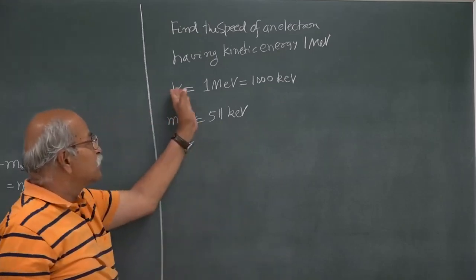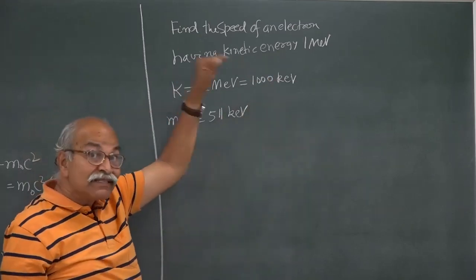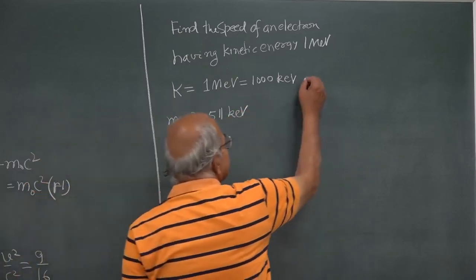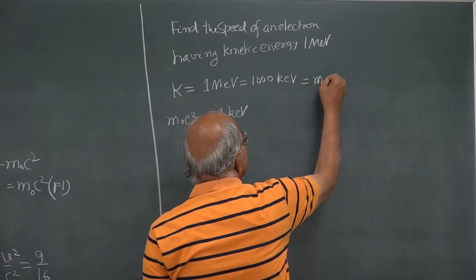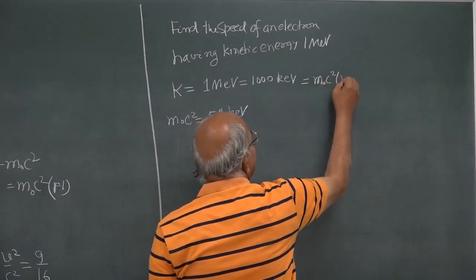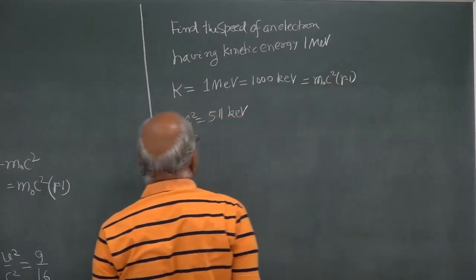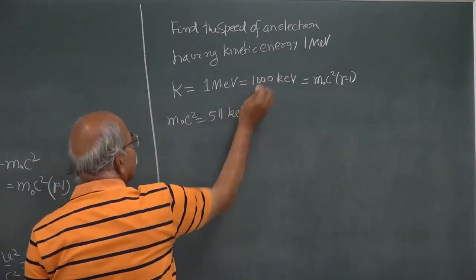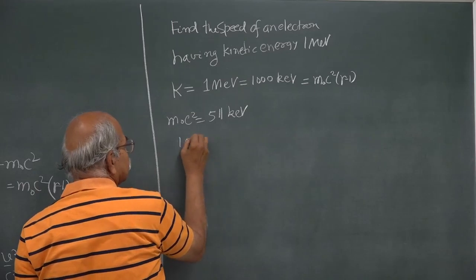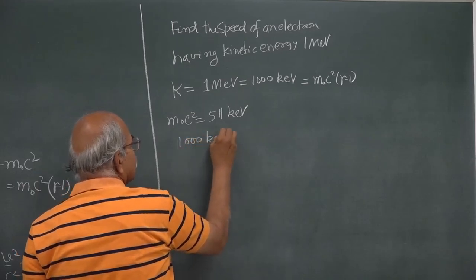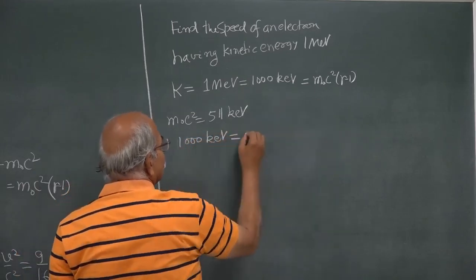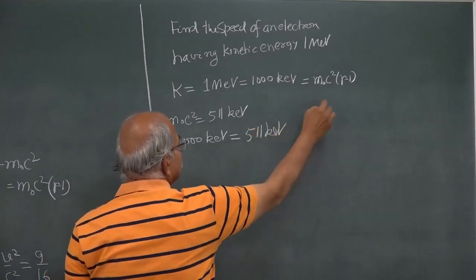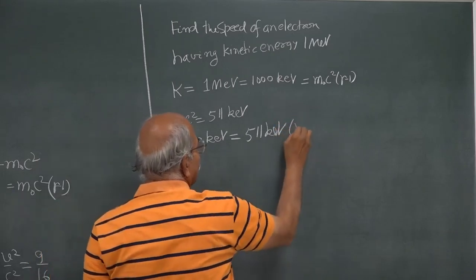So the relativistic expression for kinetic energy must be used here, and that expression is m naught c square times gamma minus 1, where m naught c square is 511 keV. So you have 1000 keV is equal to 511 keV times gamma minus 1.